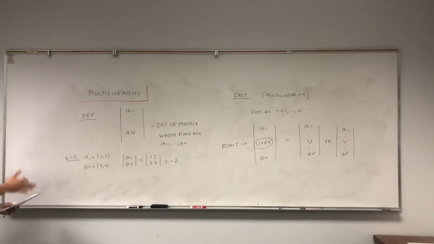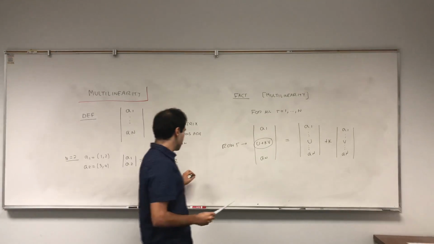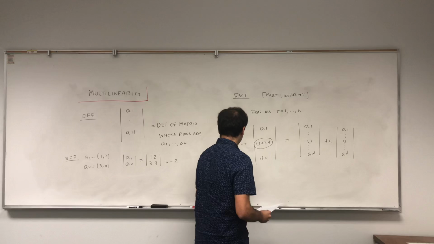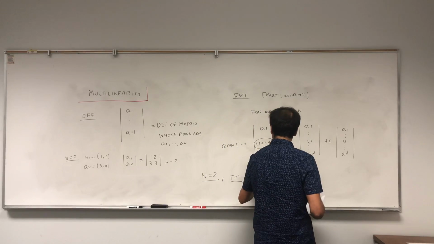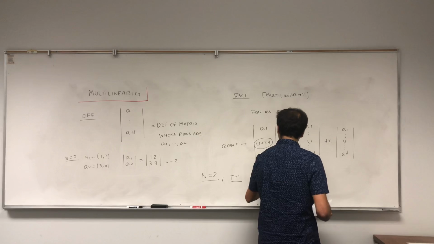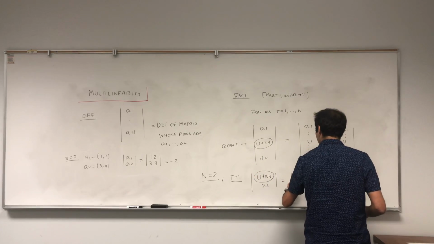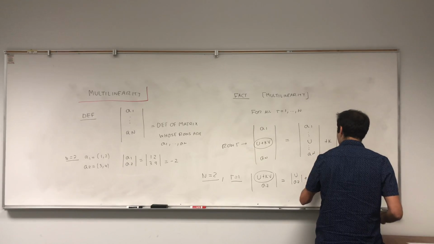To simplify, in the case n equals 2 and r equals 1, all this says is that the determinant of u plus kv, A2 is linear in this row, so it's the determinant of u, A2 plus k times the determinant of v, A2.